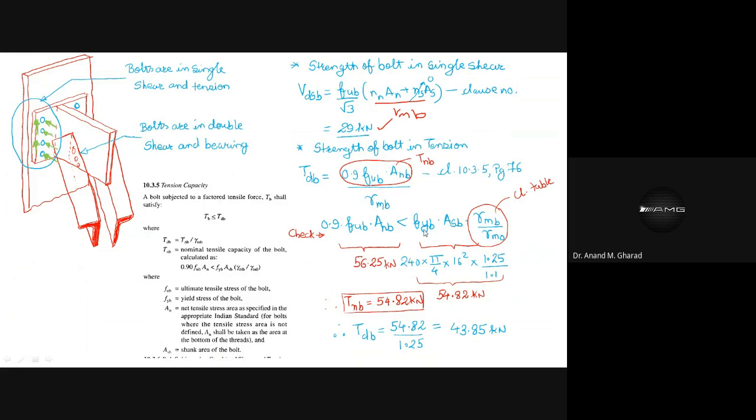Okay. Then what is this FYB? FYB is the yield stress of the bolt. From where will you get this yield stress of the bolt? Again from IS code. Okay. So can you verify the FYB value? कितना रहेगा?